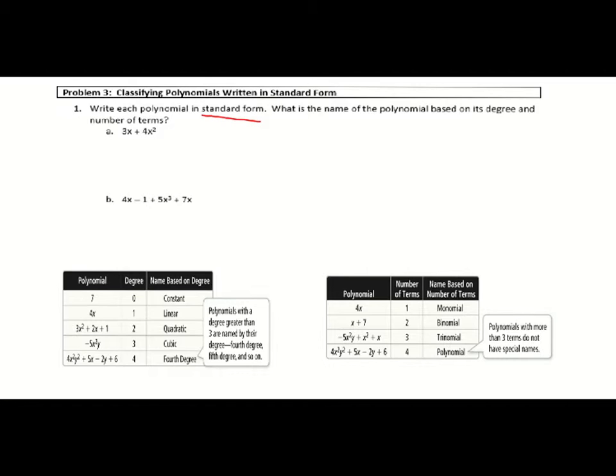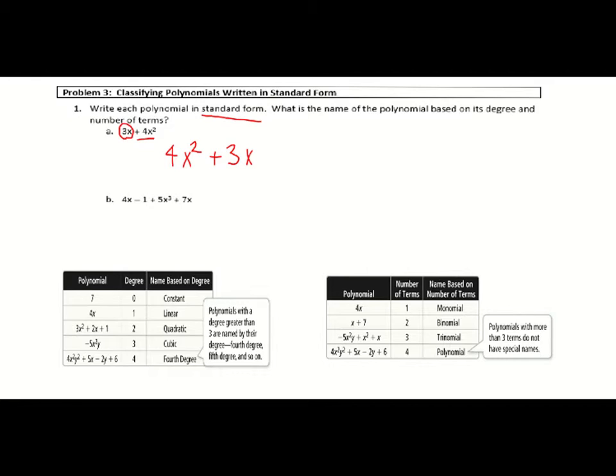Standard form means write your highest exponent first, in this case 4x squared, and then your next highest exponent. Well, the only thing I have left in this problem is 3x. So this would be plus 3x because it was a positive 3x. So I'm just rearranging my terms to put them from the highest to the lowest exponent.